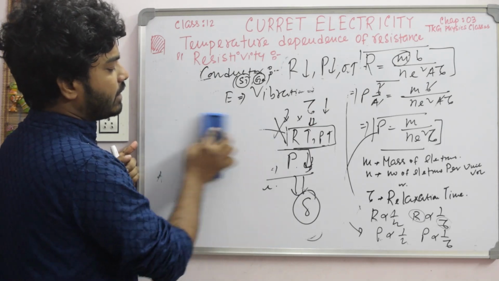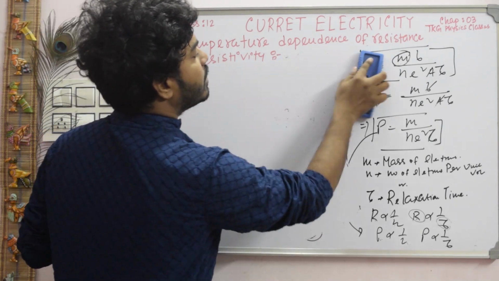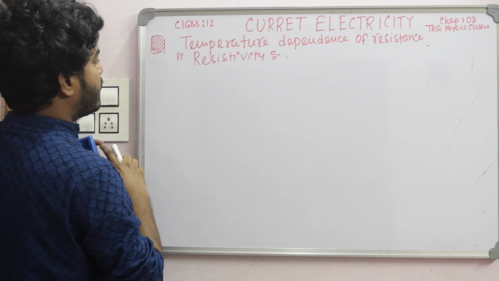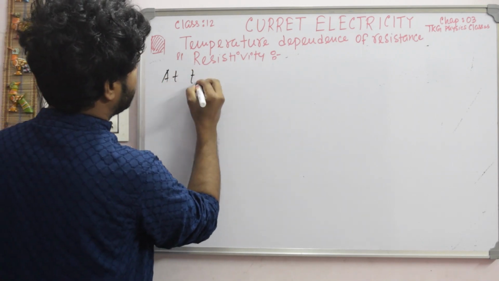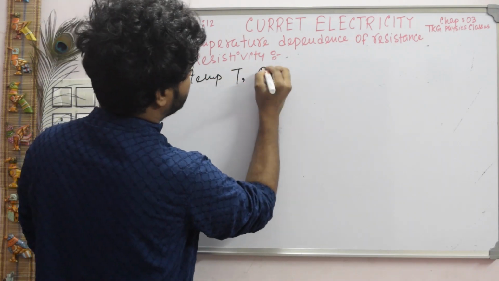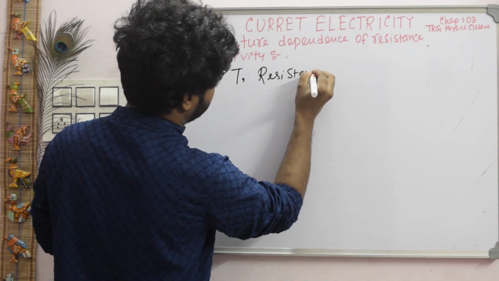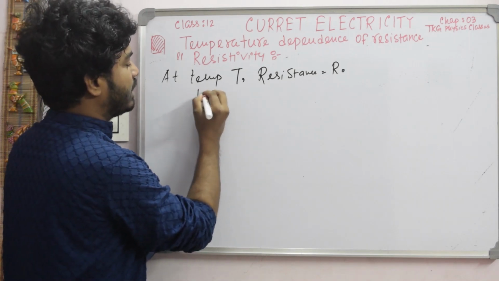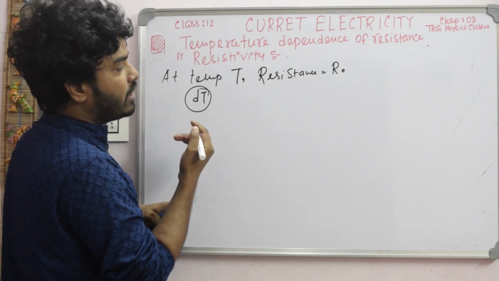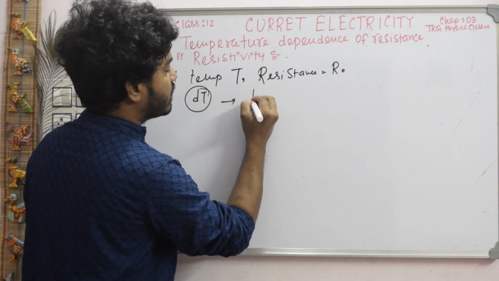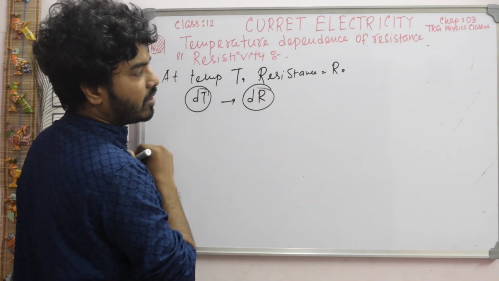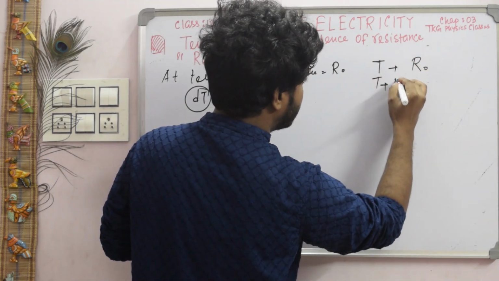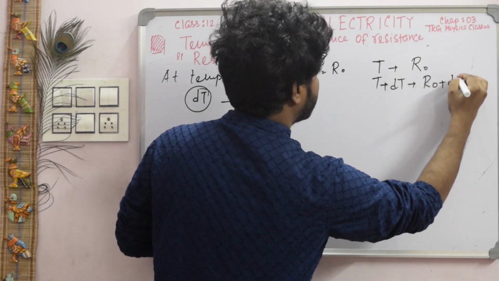Suppose we consider a conductor of resistance R naught at temperature T. Now I am increasing this temperature by an amount del T. When the temperature increases by del T, suppose its resistance increases by an amount del R. So at temperature T the resistance is R naught, and at temperature T plus del T the resistance is R naught plus del R.